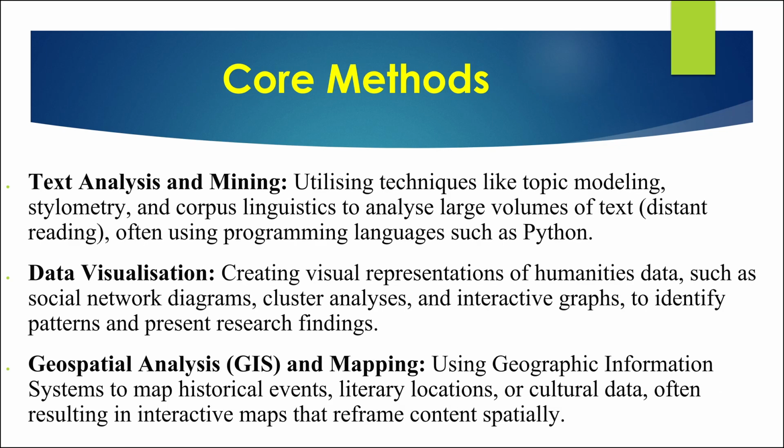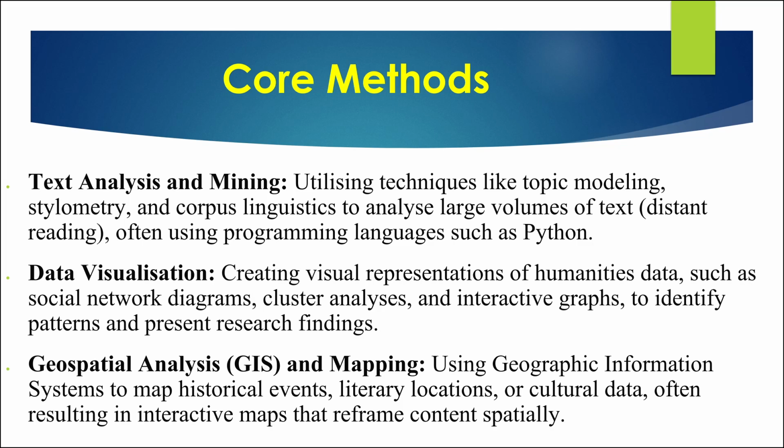Core methods: text analysis and mining, utilizing techniques like topic modeling, stylometry, and corpus linguistics to analyze large volumes of text, distant reading, often using programming languages such as Python.